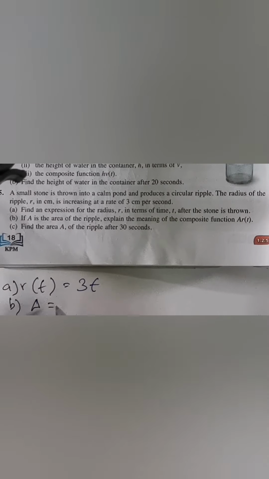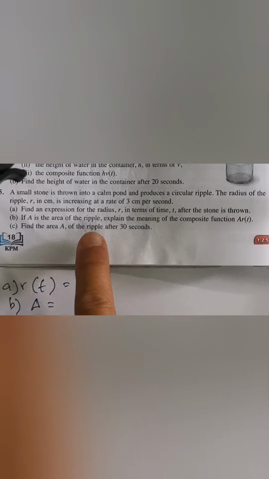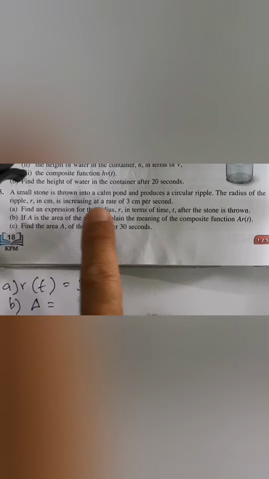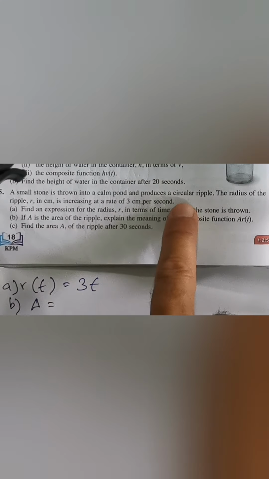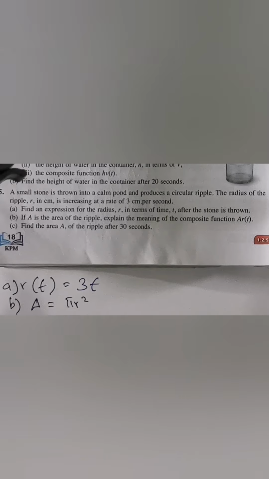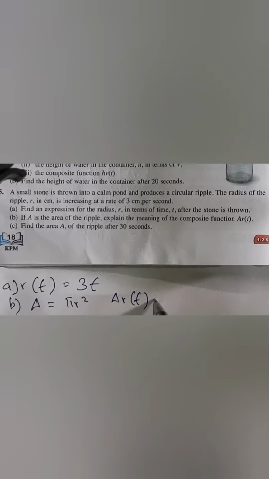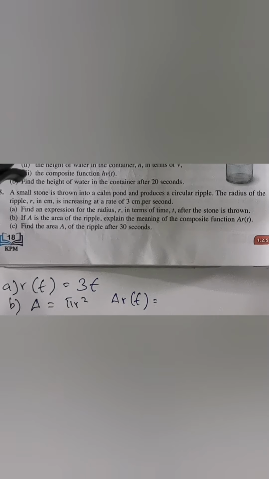A is the area of the ripple, because the ripple is circular, so it's pi r squared. A(r(t)) is the composite function, replacing r(t) inside A(r).